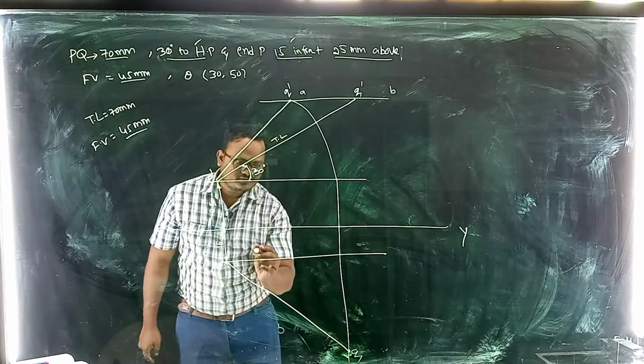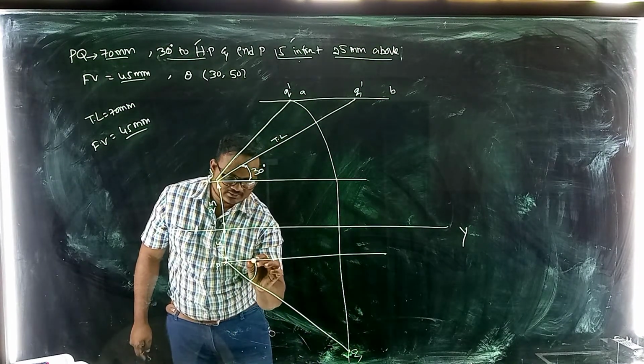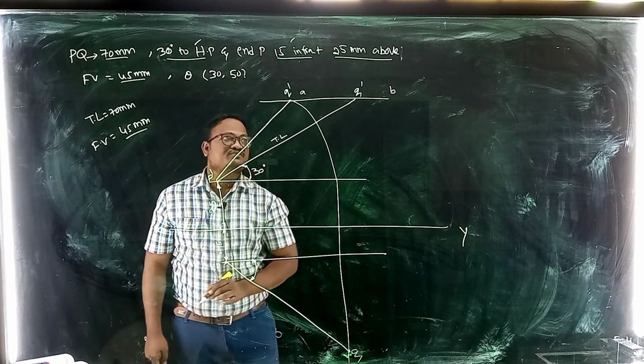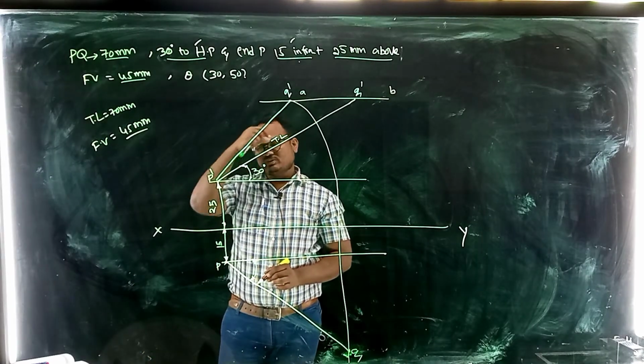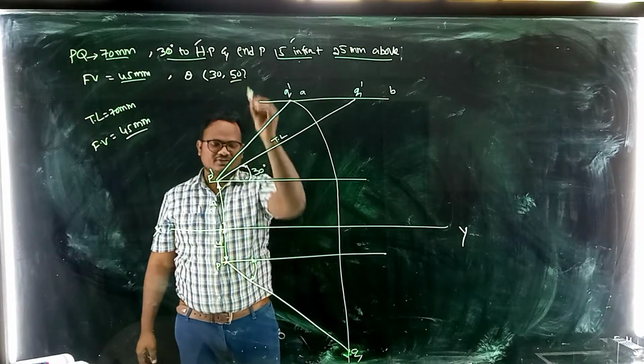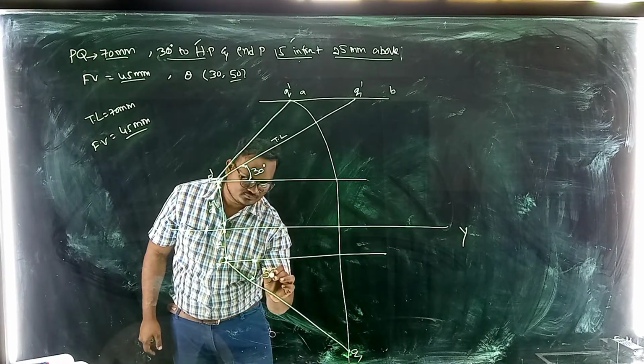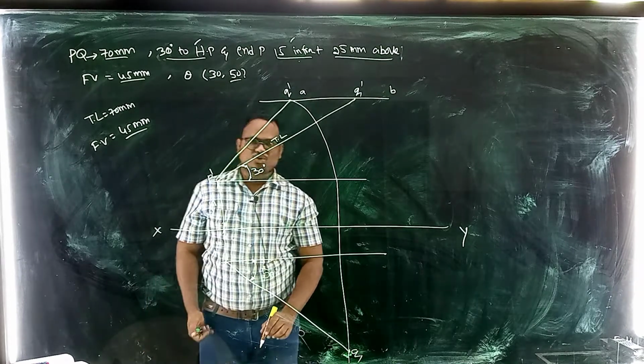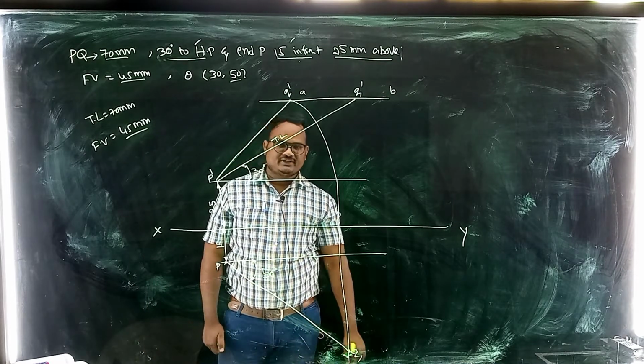Whatever angle of inclination we got, that is the required angle of inclination with VP. By measuring, we come to know it is around 50 degrees.